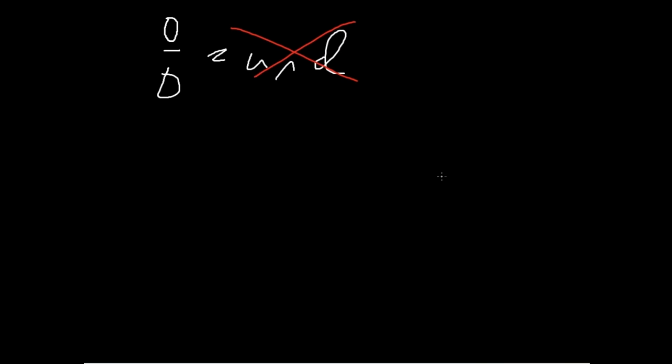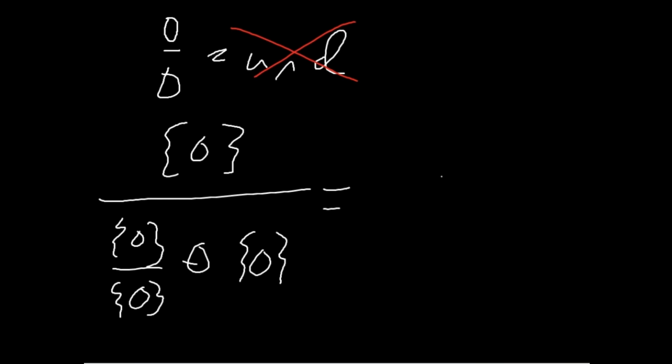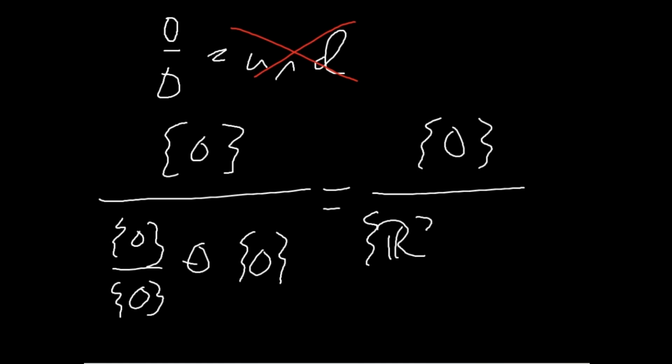So 0 divided by (0 divided by 0 set minus 0) equals 0 divided by the set of reals without 0.